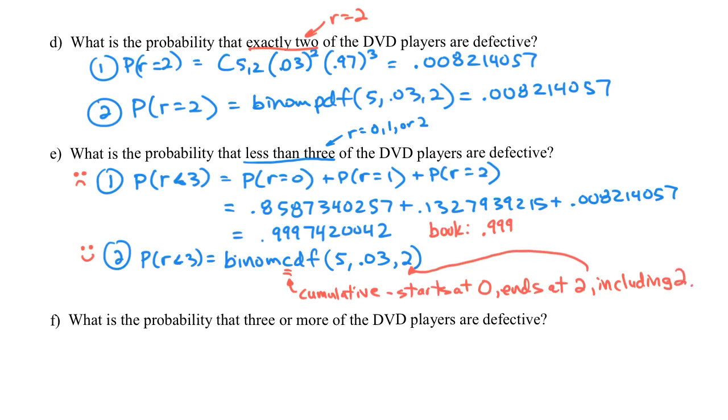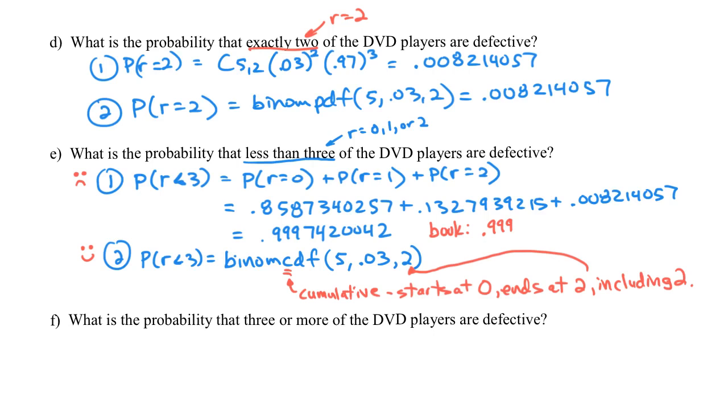Okay, so when you use binomial CDF, it's going to start at 0. It's going to do R equals 0, R equals 1, until it sees this number 2, and it's cumulative. It's going to add them all up. So it's going to start at 0, go to 2, and add them all together. Remember, it's going to include this one.